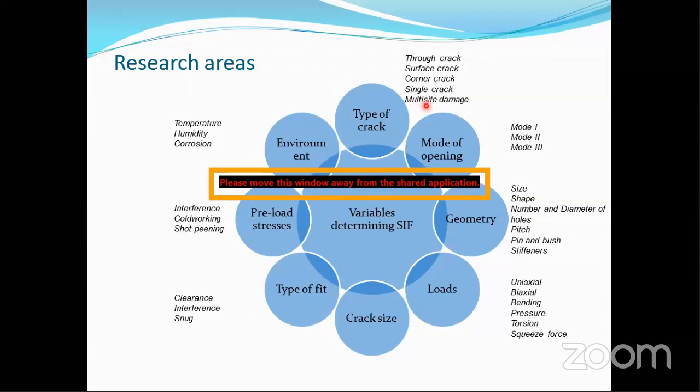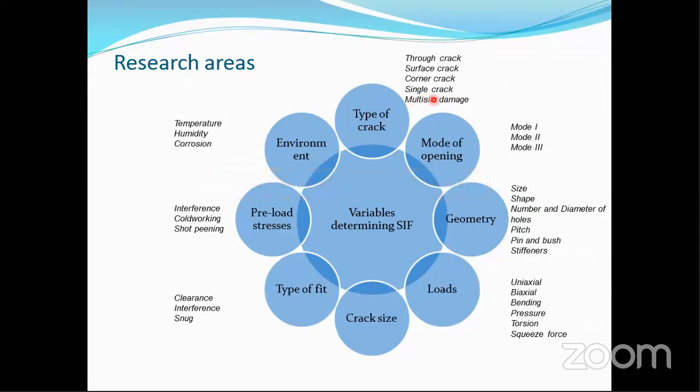It'll always be multi-site damage. We have to see how long these sustain in the presence of the loads encountered by the components. There will always be collisions of cracks. That is, one or two cracks combine together and travel to become a bigger crack, causing more damage. So there is always a limit to that, and most of the research is going on in this multi-site damage.